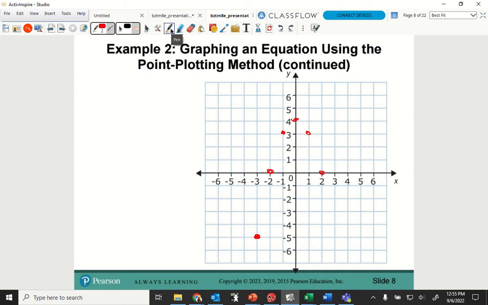He didn't catch me on that one. Yep, it's called a parabola. So it's a U shape. So all we did was we plotted all of our points and then connect all the dots.